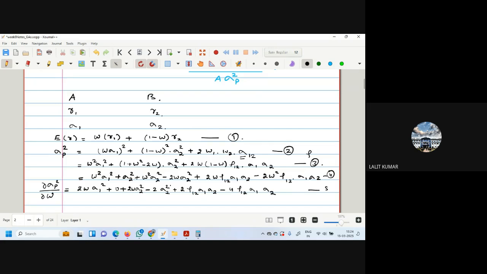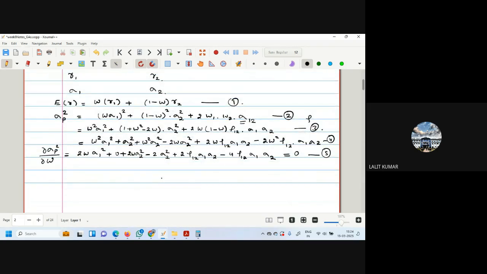Is this okay? And now we equate it to 0. So what will happen now, you take all these, the 2s will cancel. You take W common here.